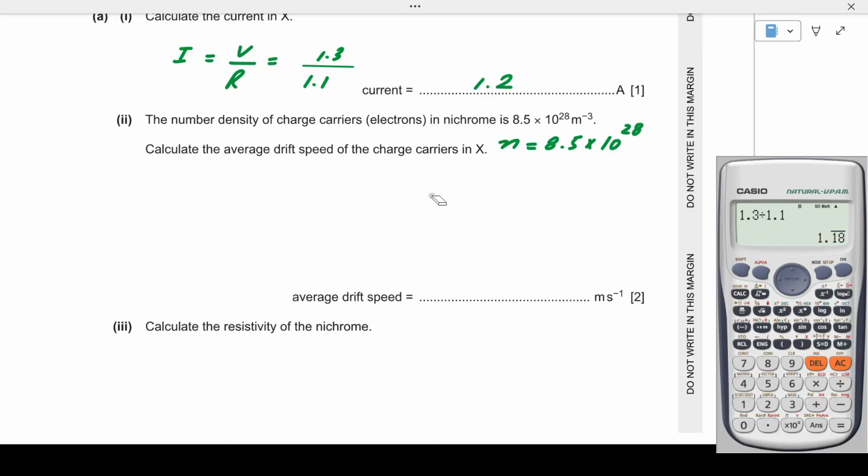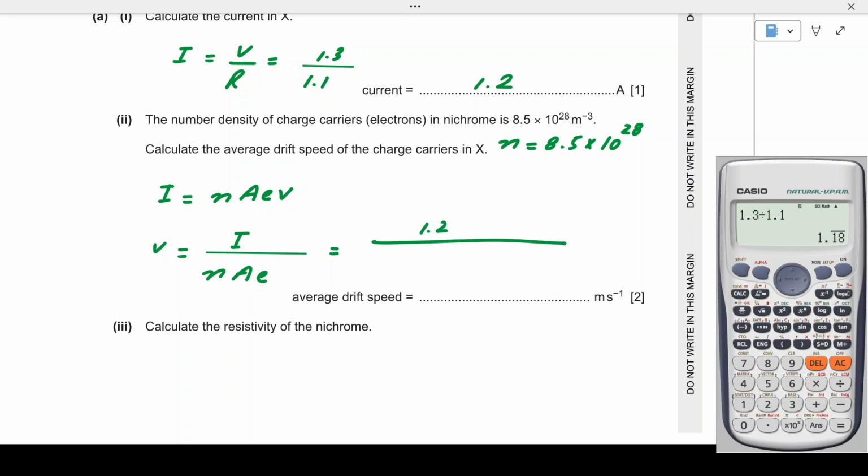Calculate the average drift speed. So I equals to NAEv. If we rearrange for drift speed, by the way, this formula is there in the data sheet also. v equals I over NAE. What is the current? 1.2, divided by the number density, 8.5 into 10 raised power 28.